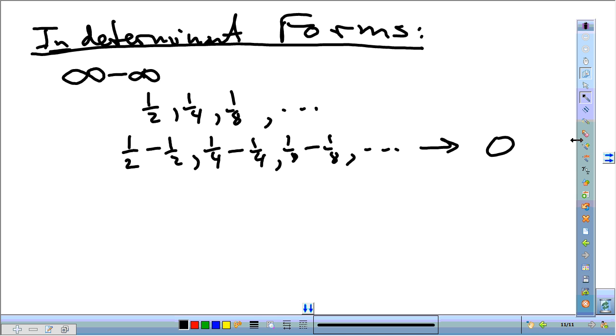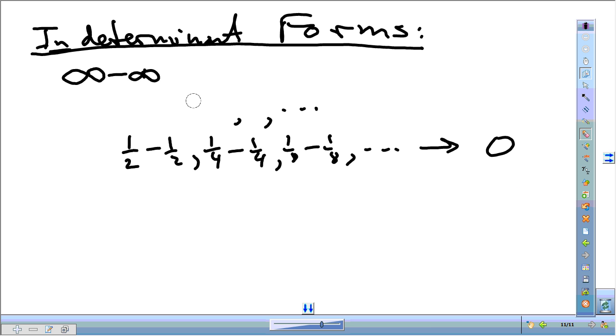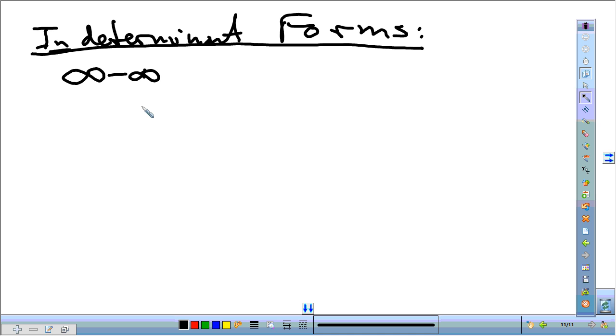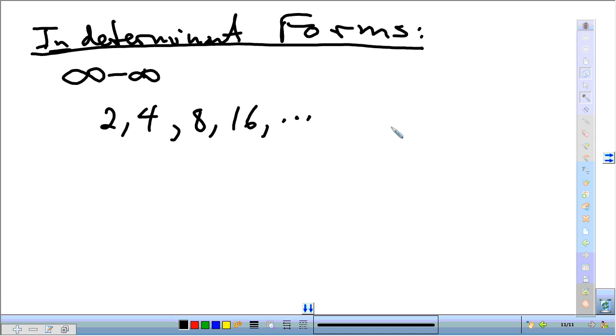Oh, bad example. Got hooked up on my last examples of division by 0. I'm sorry. Should have put 2, 4. No reciprocals, just 2, 4, 8, 16, and so forth. So, this is the concept of becoming infinite.